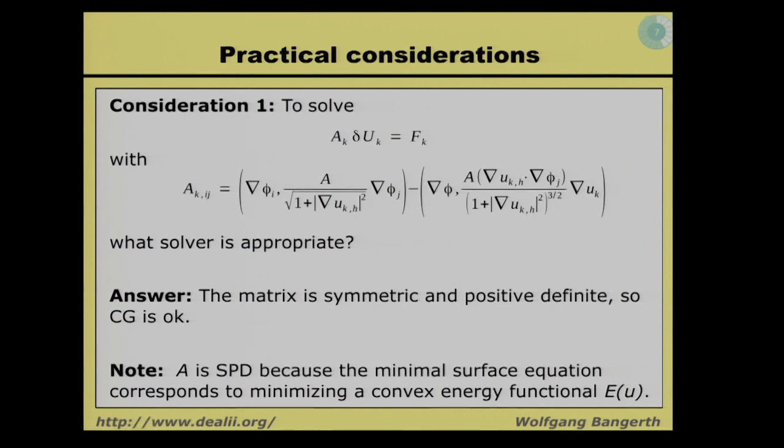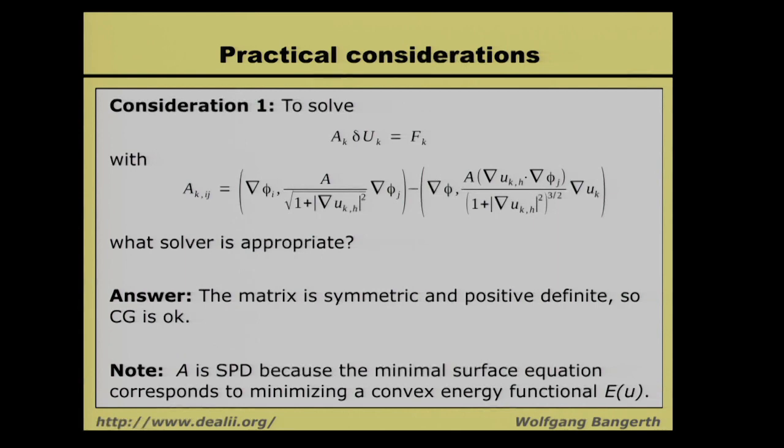When you lay out this program, knowing that this is what I need to solve, we need to ask a few questions. Namely, if I have this linear system and this is my matrix A_k, it depends on the gradient of u_k, the gradient of the previous Newton iterate. What is the appropriate solver for this linear system?